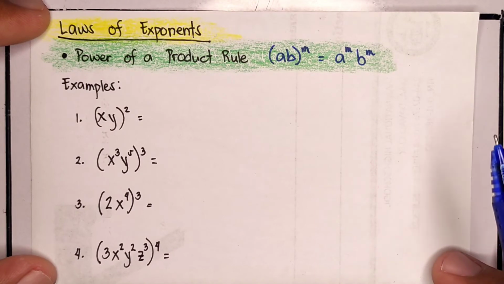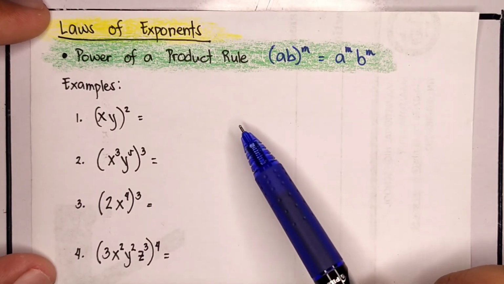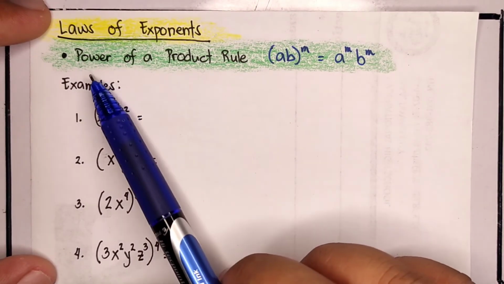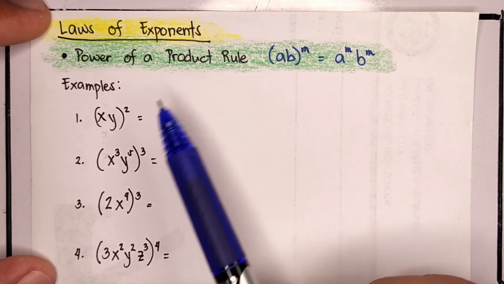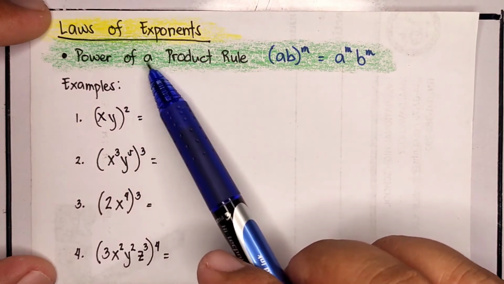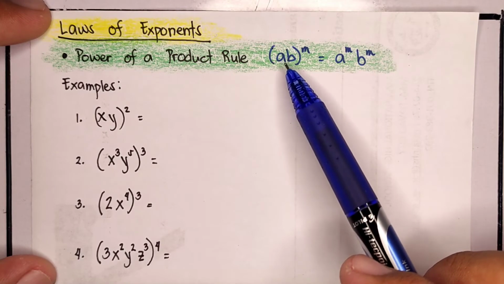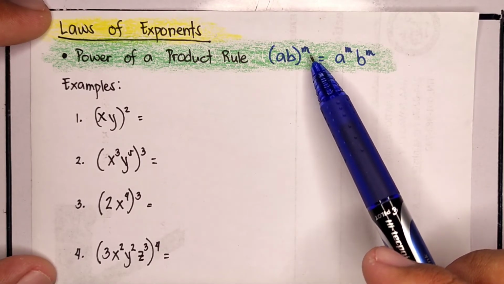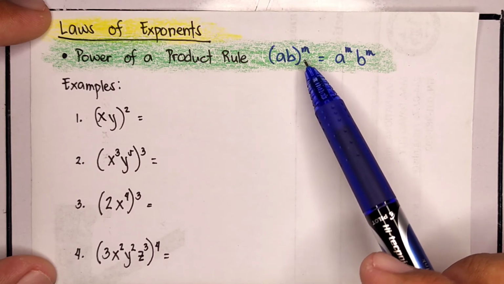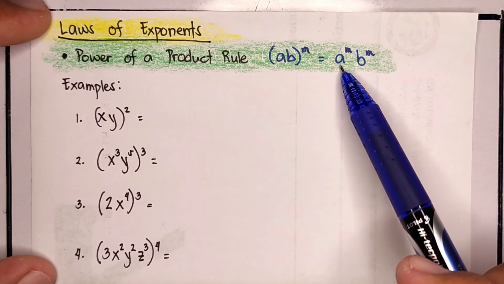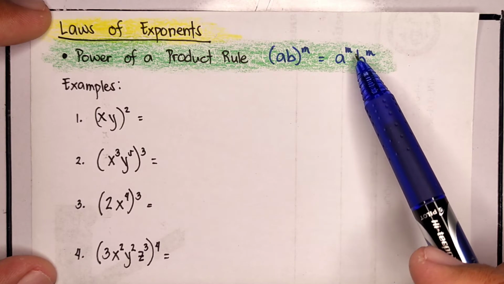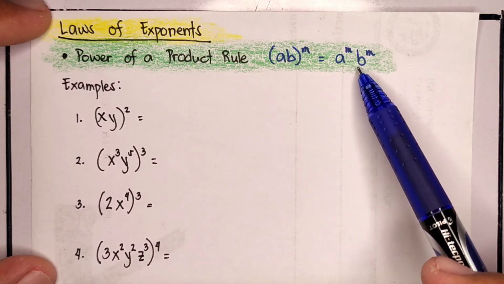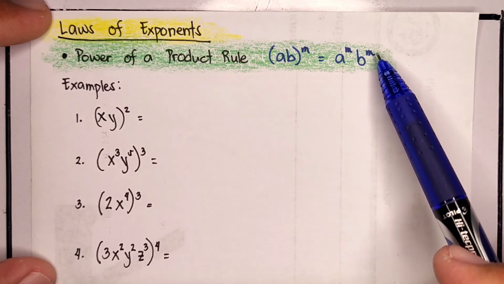Okay, our fourth rule for the law of exponents in this video is the power of a product rule. We have here ab raised to the power of m, which means a raised to the power of m, and b raised to the power of m.